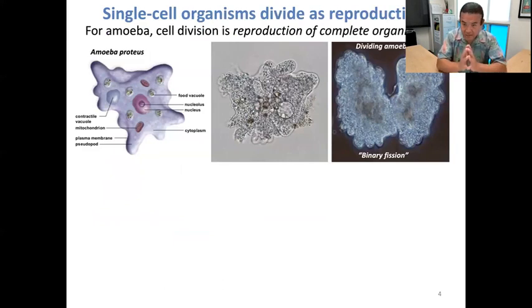When we think about a single cell dividing, I think a great way to think about the purpose of cells dividing is to think about simple organisms, simple single cell organisms. Right? For example, prokaryotes like this, well, not prokaryotes, but single celled protists like this amoeba.